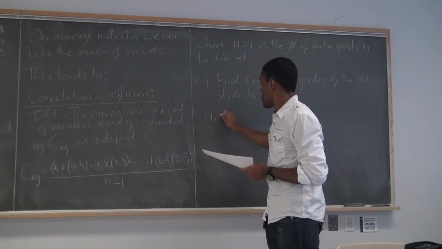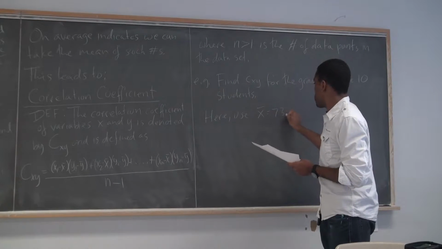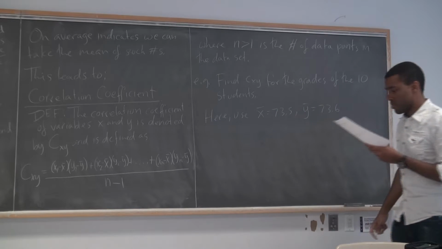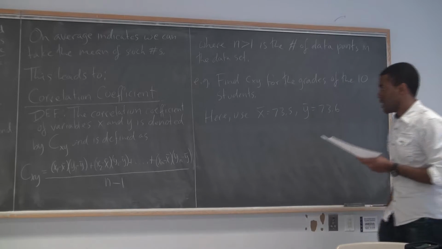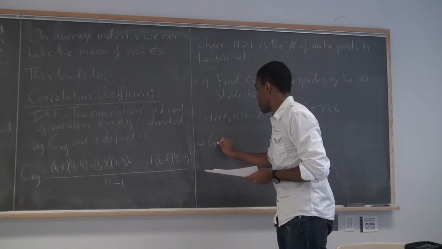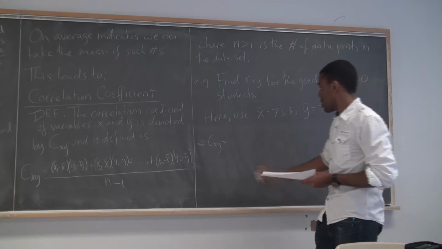Okay, so here we're using x bar equals 73.5 and y bar equals 73.6, because those are the numbers I've used, so you don't have to compute all this again. This means that Cxy is equal to, you take each data value, subtract their mean, and add all the products.